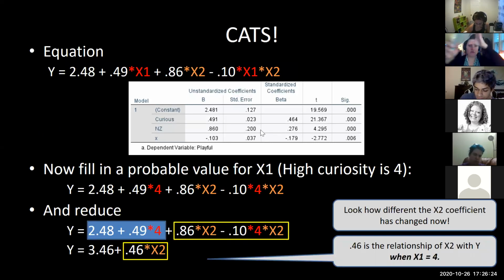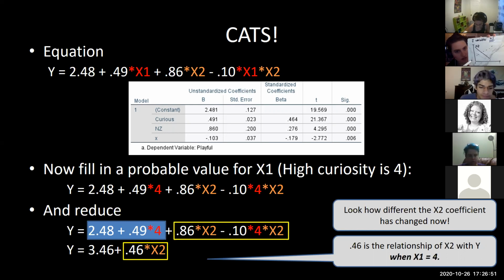But remember, for example, we could have one relationship of x with y that looks like this. It's negative. Let's say this is New Zealand cats. So for my New Zealand cats, there's a negative association between whatever x1 is and y. And now for my Australian cats, maybe there's a positive relationship.